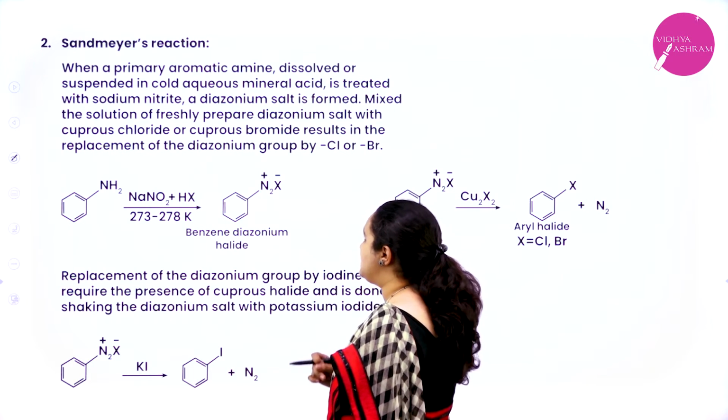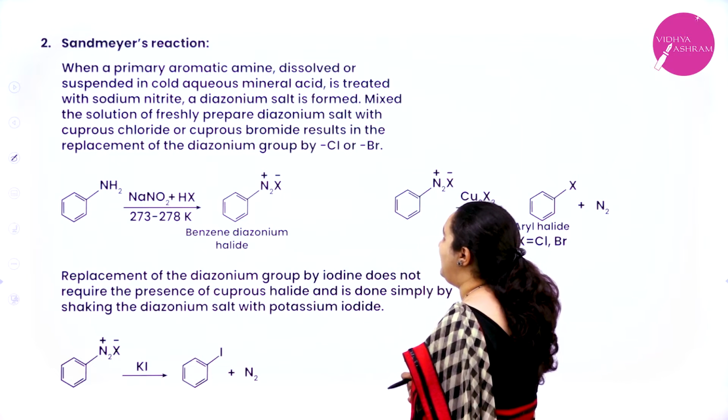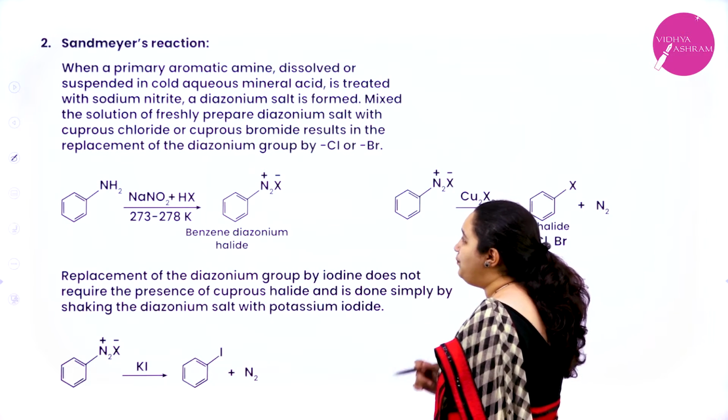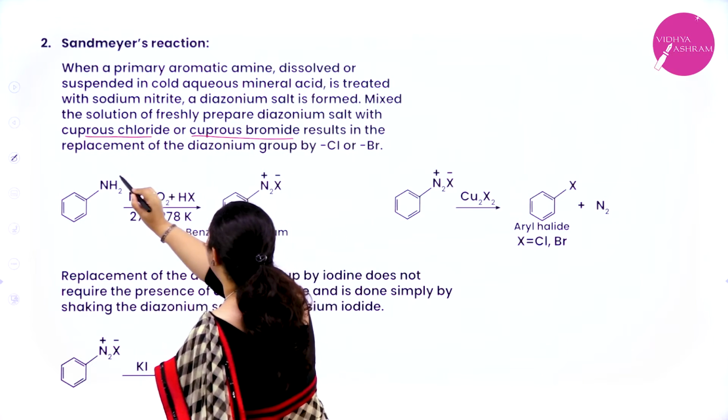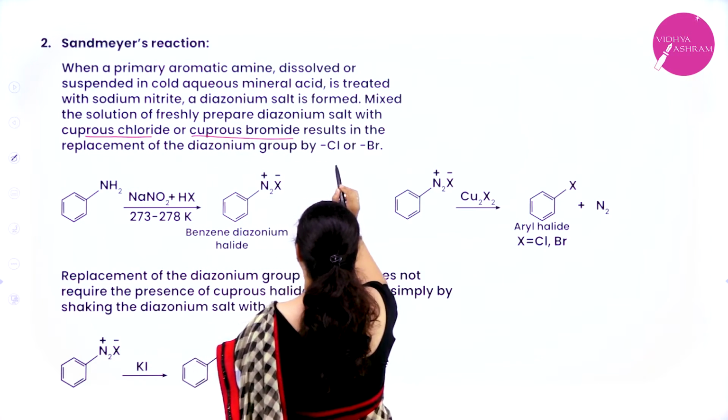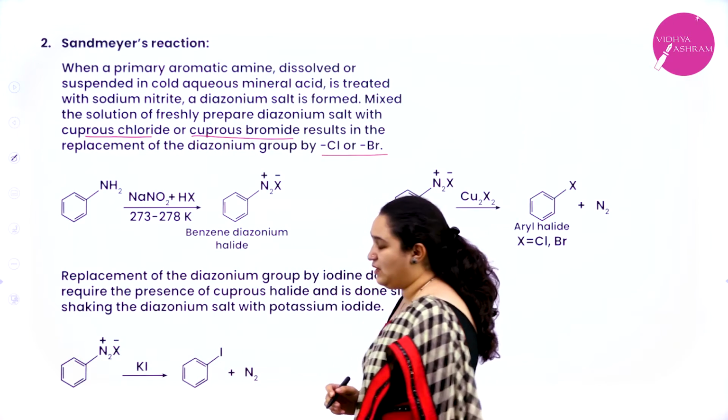Okay, mixing the solution of freshly prepared diazonium salt with cuprous chloride or cuprous bromide results in replacement of the diazonium group with chlorine or bromine. Now what is it?